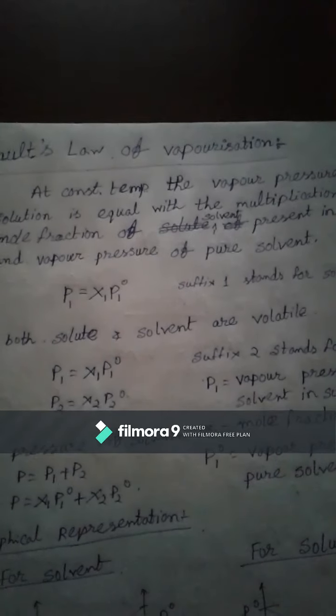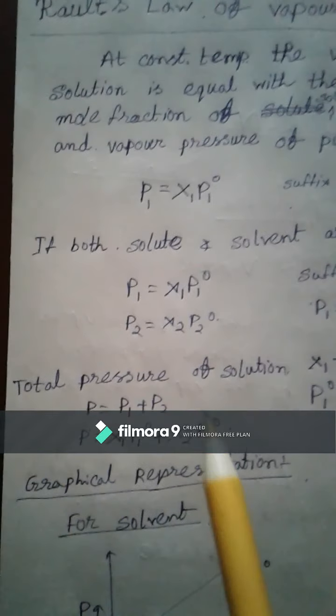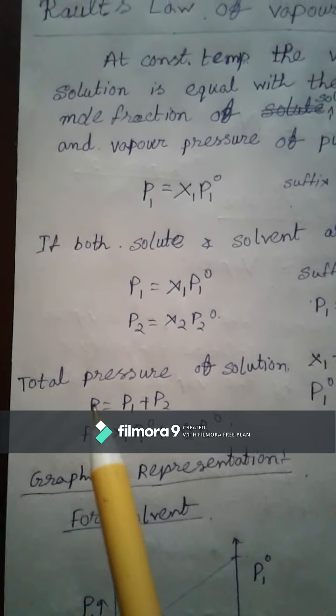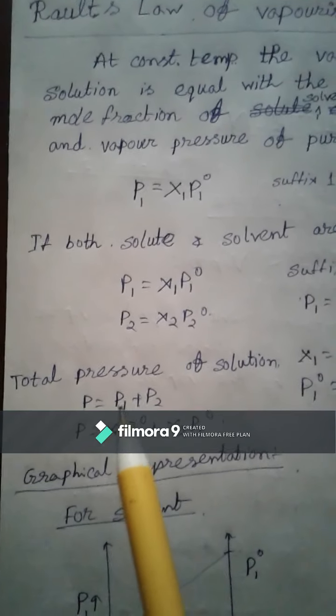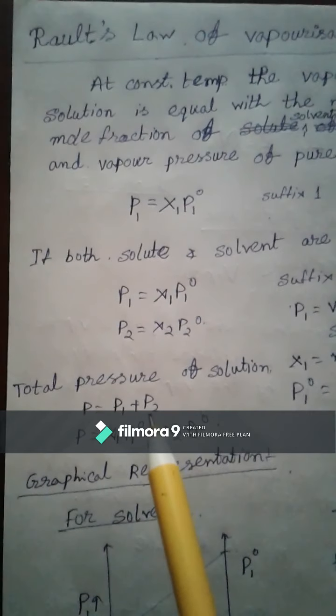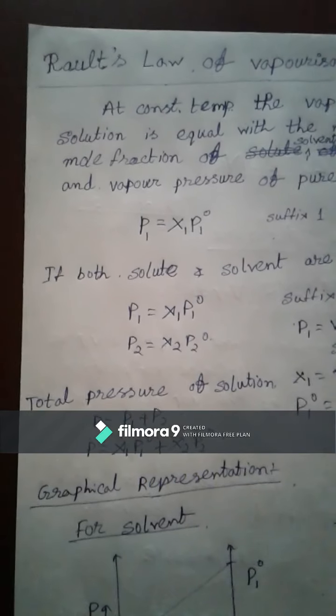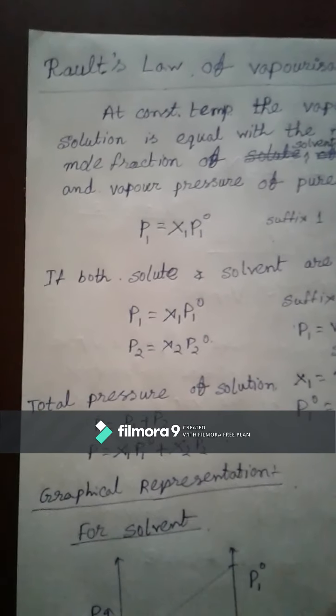If both solute and solvent are volatile, then according to Raoult's law we get the vapor pressure of the solvent and the vapor pressure of the solute separately. And if we need to calculate the vapor pressure of the solution, then we must add the vapor pressure of solvent and vapor pressure of solute in solution according to the law of partial pressure of gas.